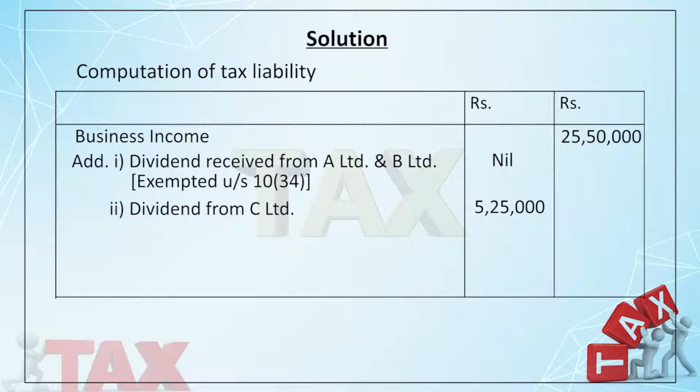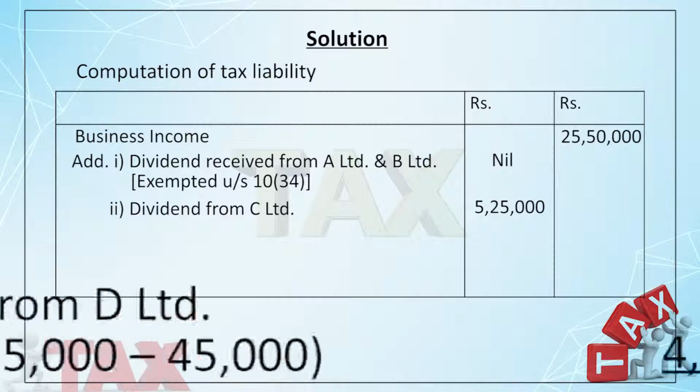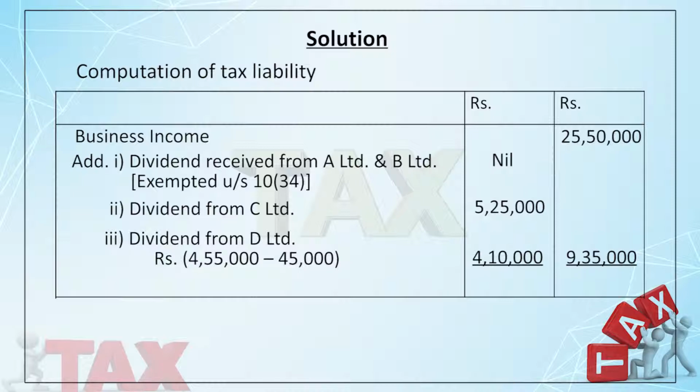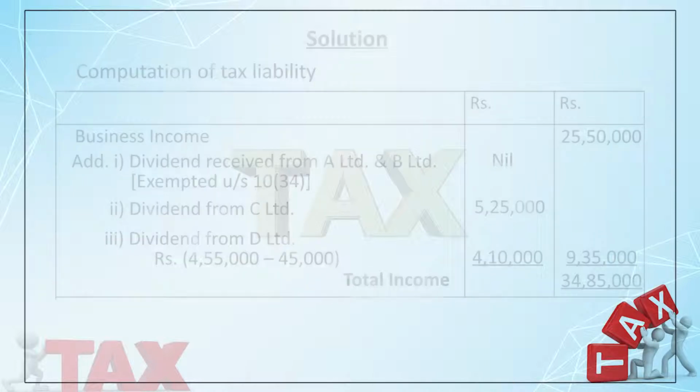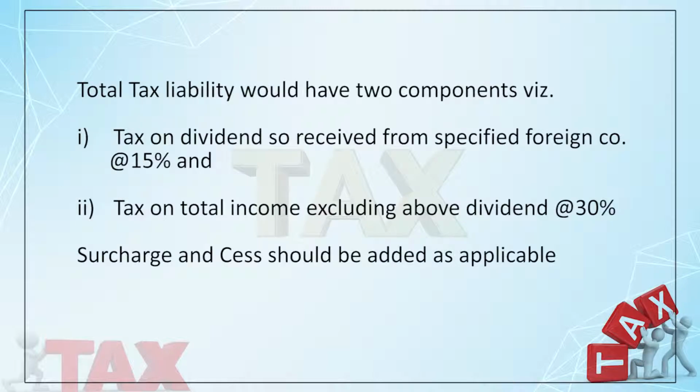But you have to calculate the total income. So, first compute the total income. Now, dividend from C Limited and dividend from D Limited. D Limited is not the specified foreign company, because the shareholding is less than 26%. So, dividend from D Limited, the amount of expenditure should be deducted, and you will get the total income. Now, I have already told you that there are two components of tax liability.